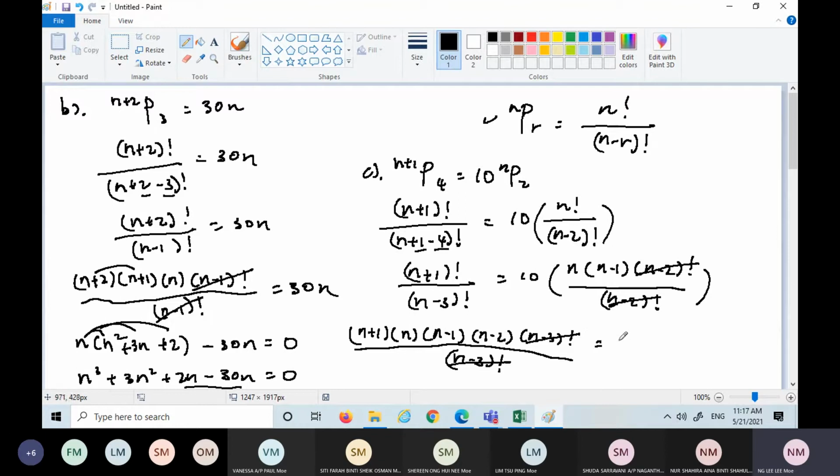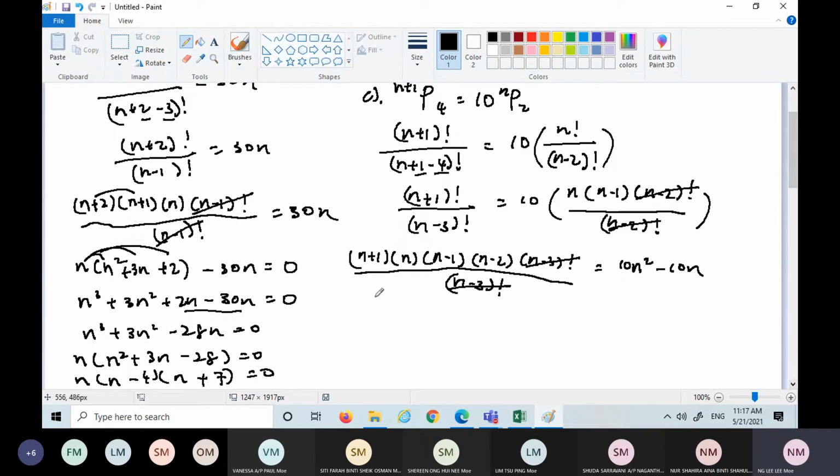Okay, here I expand first. 10n times n, 10n squared. 10n times 1, 10n. Here, how do you want to expand? Maybe I do these two, and then these two, then after that, join them up.